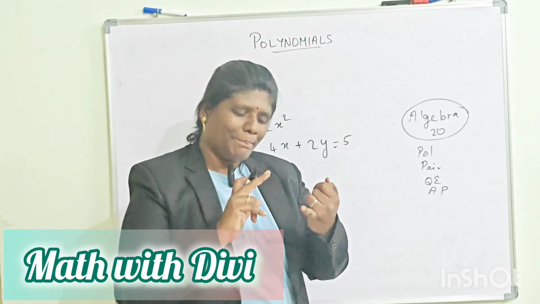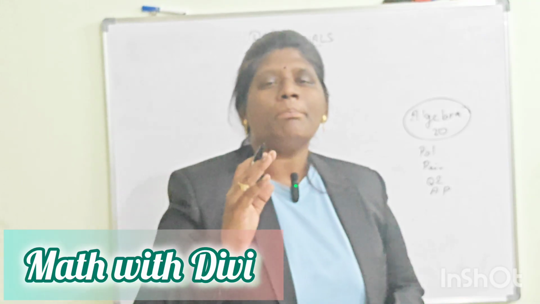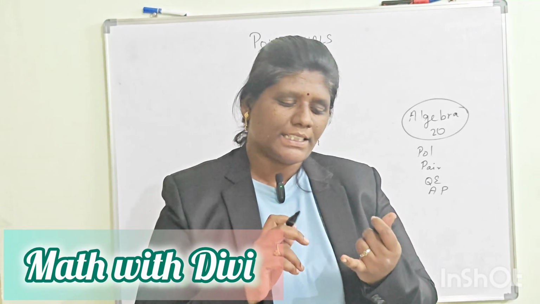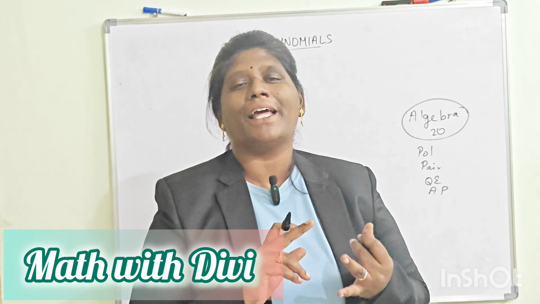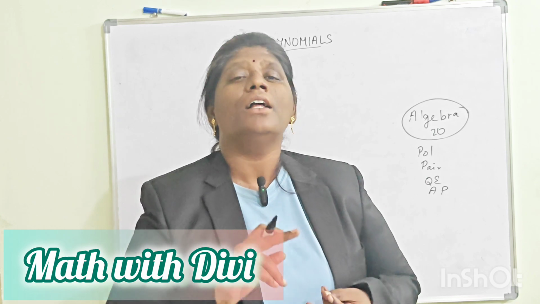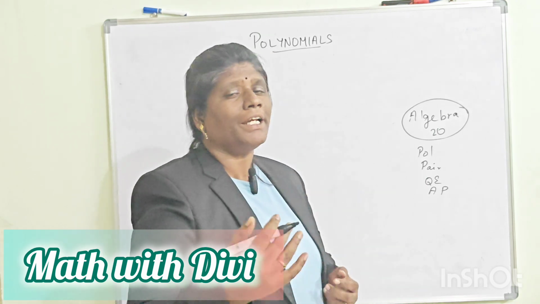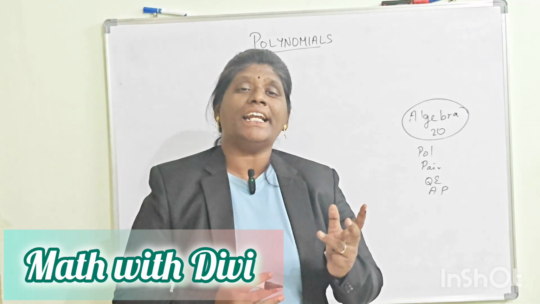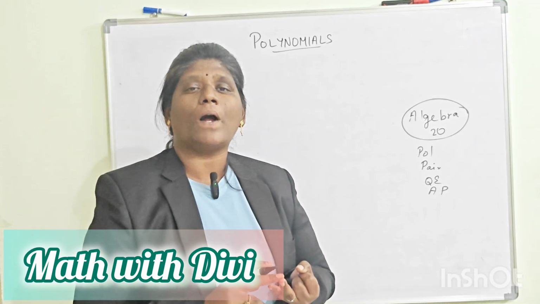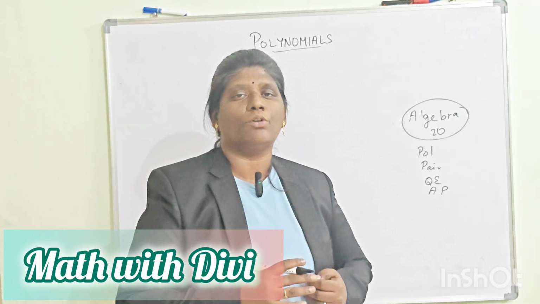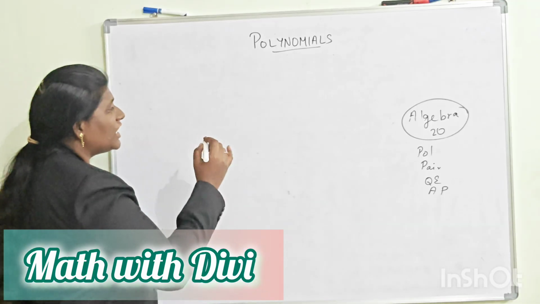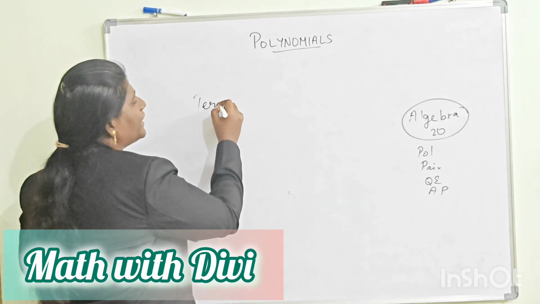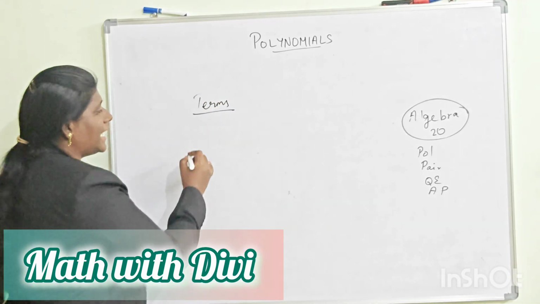Based on terms, polynomials are called monomial, binomial, trinomial and so on. Based on degree, we have linear, quadratic and cubic. Based on terms is what we learnt in 9th standard.